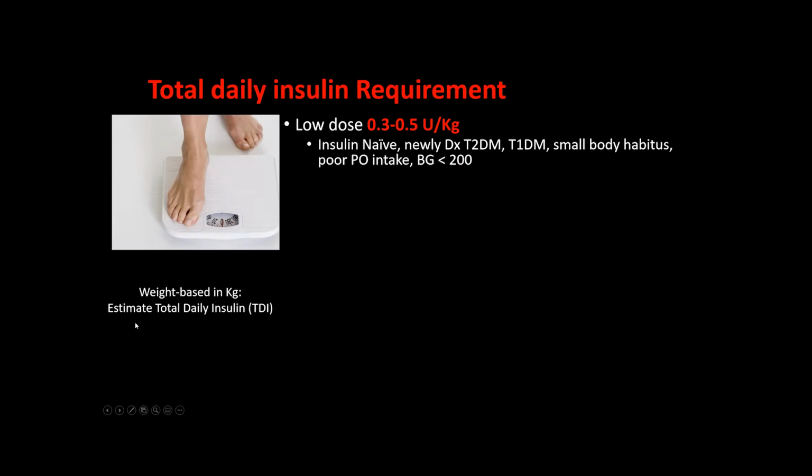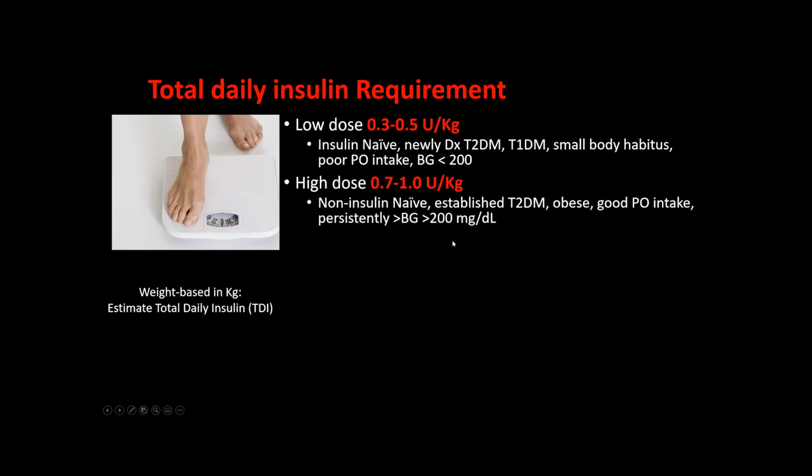If the patient is insulin naive, with newly diagnosed type 2 or type 1 diabetes, or has a small body habitus and poor PO intake, and the blood sugar has been less than 200, you might want to start with 0.3 to 0.5 unit per kg.